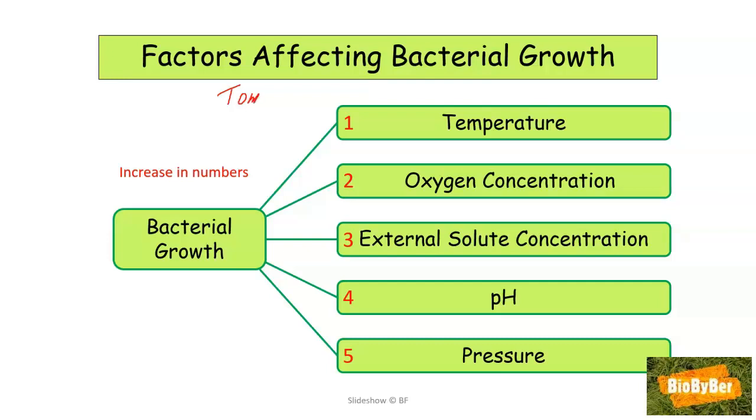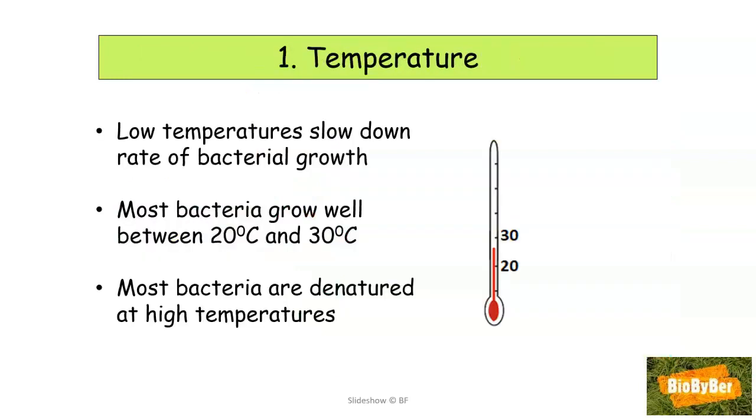The factors that affect bacterial growth are quite similar, but we have an additional 2 factors. The factors that affect bacterial growth are TOM, PP: suitable temperature, oxygen, moisture, which is related to solute concentration, pH, and pressure. We will now look at each one of these factors in turn.